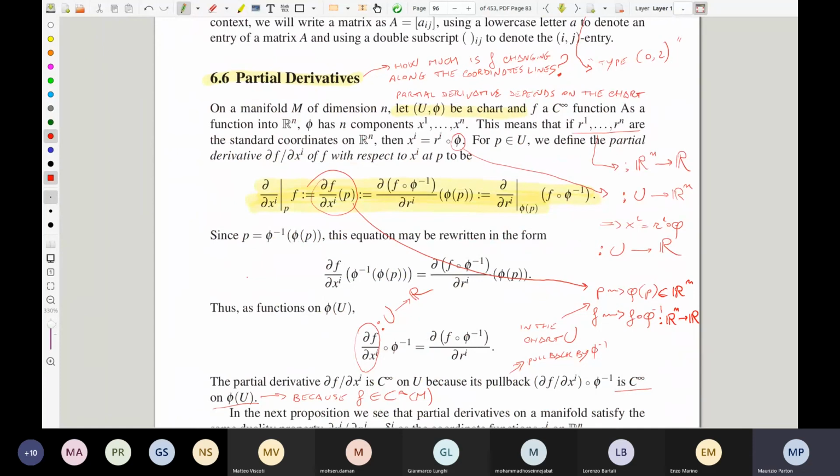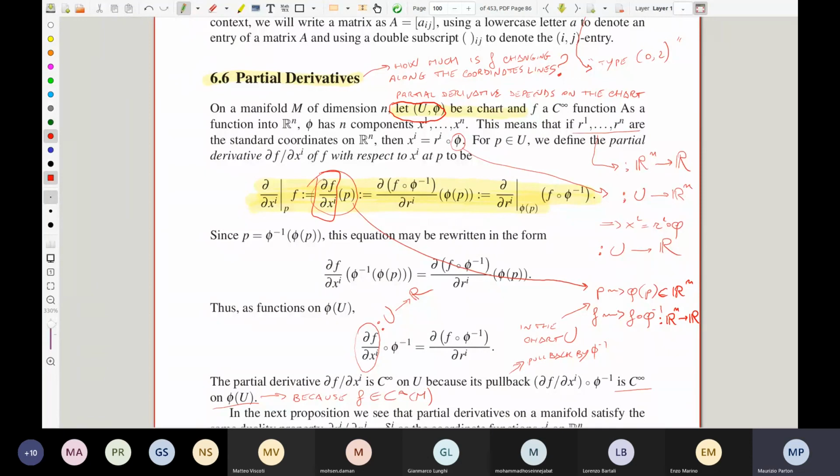Local coordinates around P means choose one chart around P. And these are the local coordinates. You are choosing how is the Rn that locally your manifold looks like. Okay, once you have chosen the chart, then you have the partial derivatives.